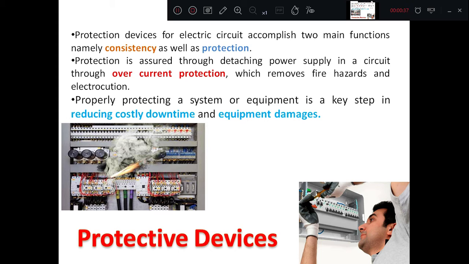There are different types of protective devices we are studying in this particular session, that is fuse, miniature circuit breaker, as well as earthing.